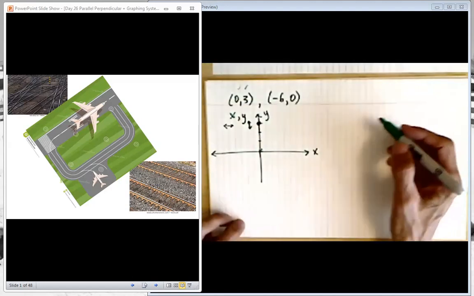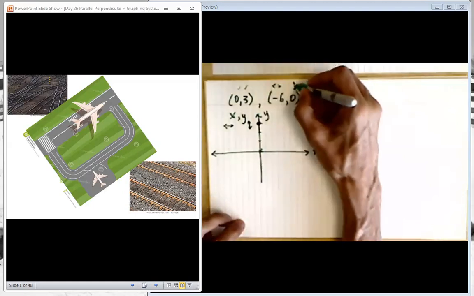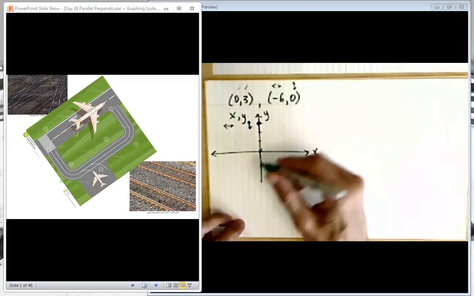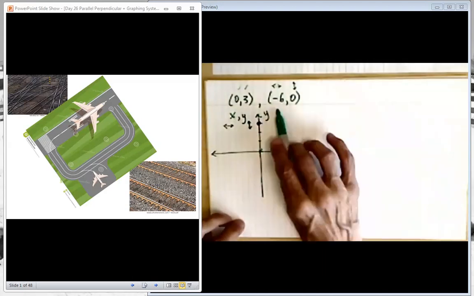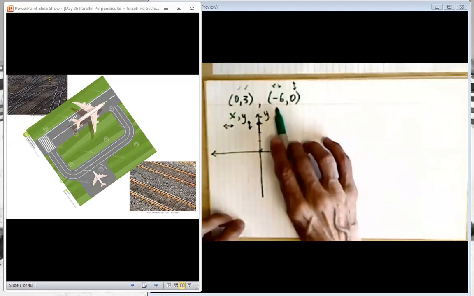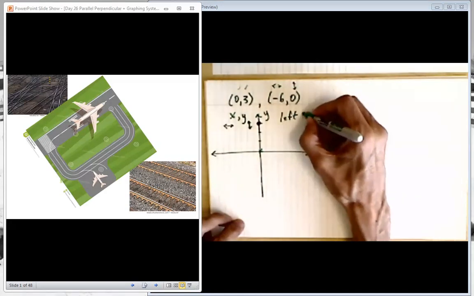The next one. Minus 6 is for the X. Left by 6. I remember actually writing this down in an earlier lesson. Let's do that.